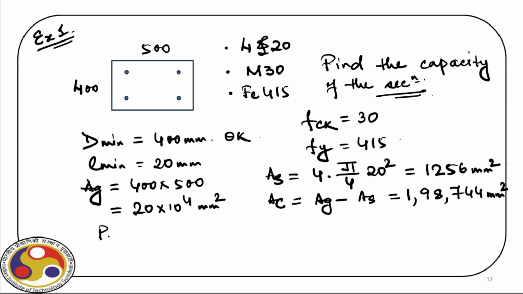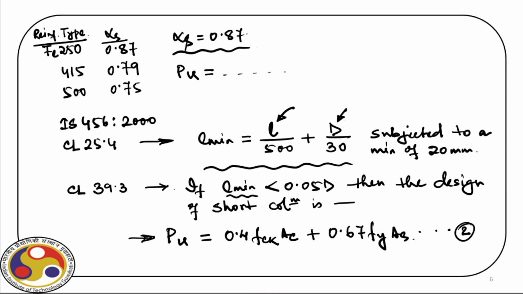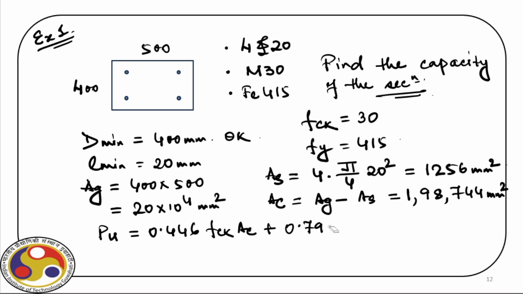So Pu is equal to 0.446 fck times Ac plus, let us use the exact number of alpha s. If you recall, for different values of strain, the value of alpha s changes. So let us use this exact value, which is 0.79, although we can use 0.87 as per codal provision, into fy times Asc.